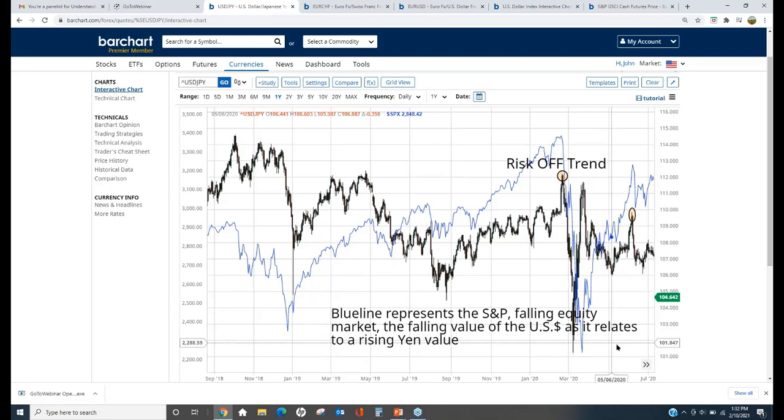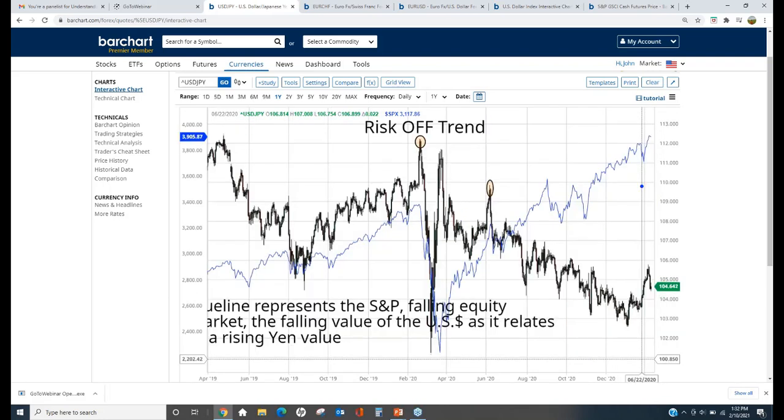Now, I want to show you something here that is kind of interesting. For the first time in a long time, we're seeing a divergence, right? This yen as the currency of misery, yet we see we are in a risk-on appetite, and yet the dollar is decreasing.